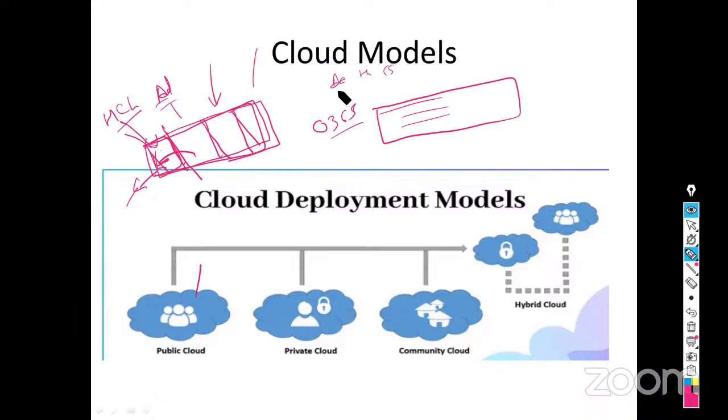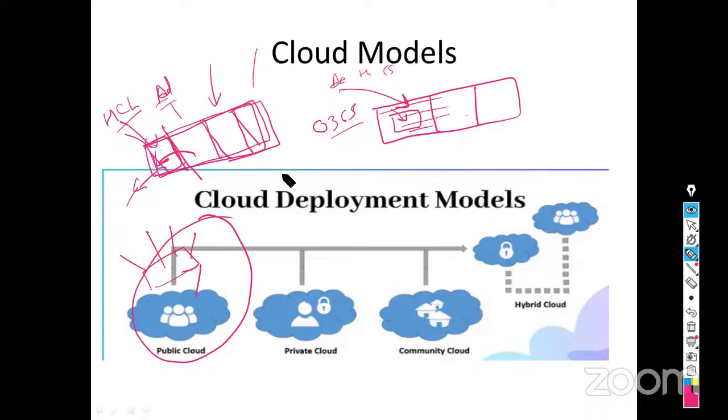Everyone is accessing that same server to access their services and their drive data, Office 365 drive data or SharePoint services, but they are all deployed on that same server, right? So this is called a public cloud, on which they are providing that platform globally to all the users or all the enterprises.